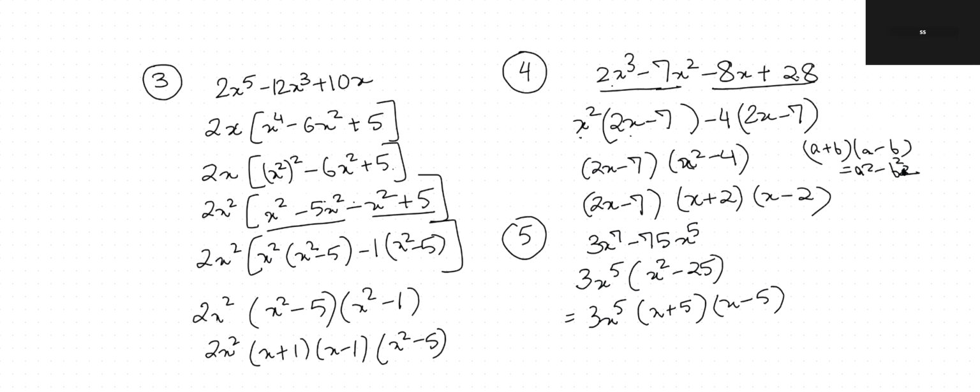Now we'll do the next question. So the last question in your study guide is 3x^8 plus 15x^5 plus 18x squared. Okay. So we factor out the least power of x, that is x squared, and 3.